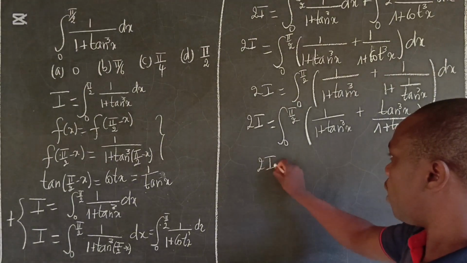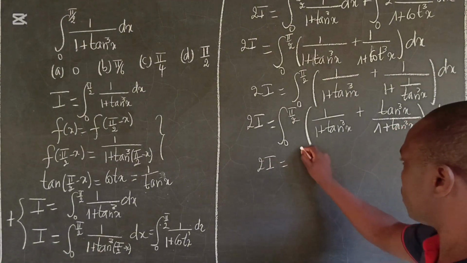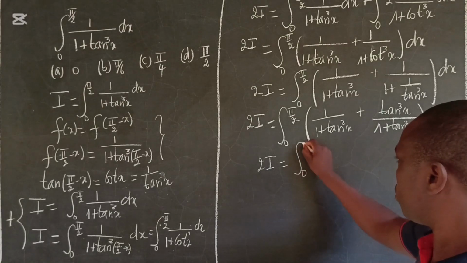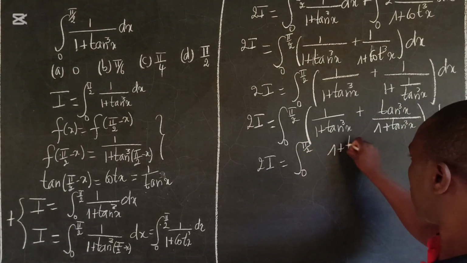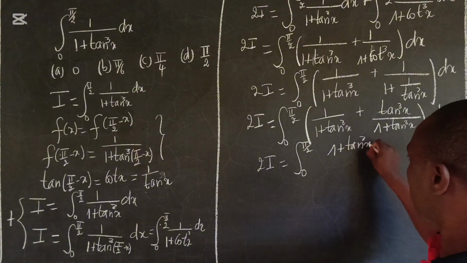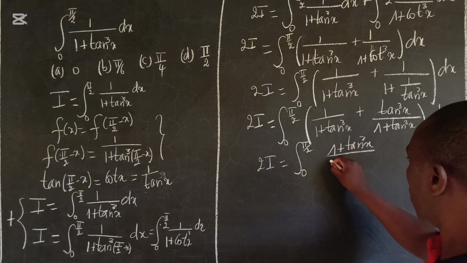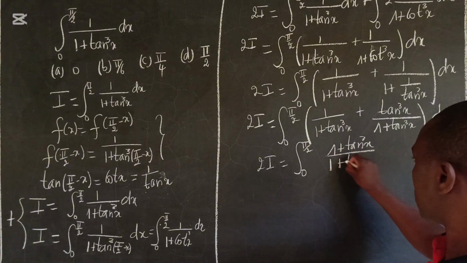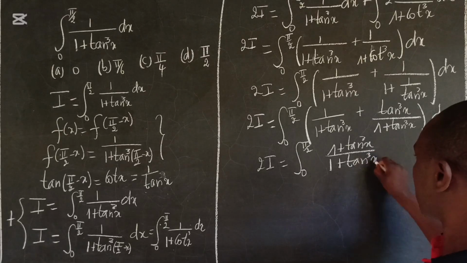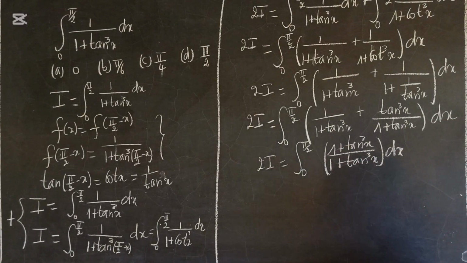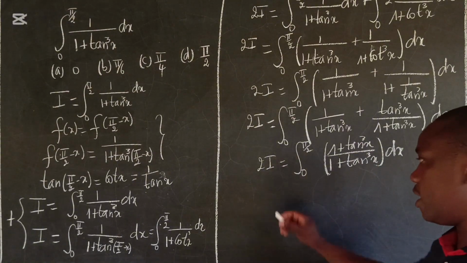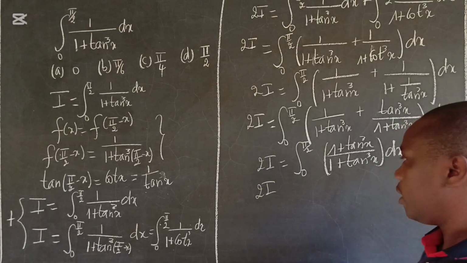So 2I is equal to the integral from 0 to pi over 2 of 1 plus tan power 3x over 1 plus tan power 3x, dx. We see that this is 1. That's why our question is easier.